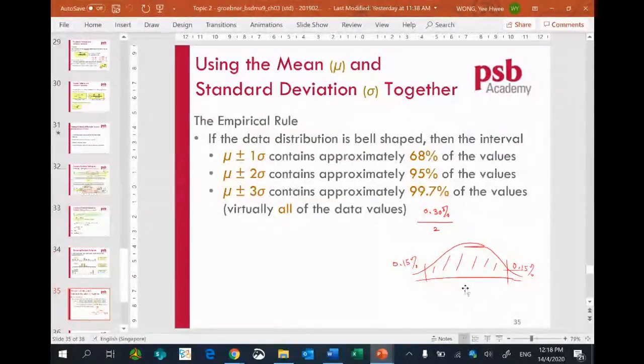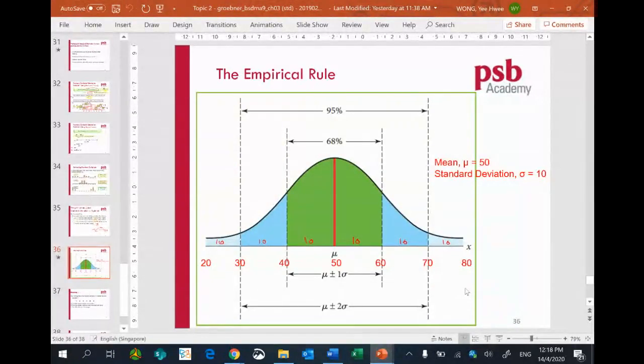The last thing that we have in this topic is we combine the mean and standard deviation together and apply it in this rule. Let's say you have a bell-shaped curve, very nice, the bell-shaped curve here. The center will always be the mean, which is the mu. Okay, and for any bell-shaped curve, there are three important sections on the right hand side and three important sections on the left hand side.